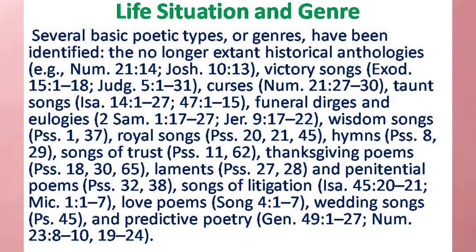Songs of trust: Psalms 32, 38. Songs of litigation: Isaiah chapter 45, Micah 1 verse 1 to 7. Love songs: Song of Songs 4 verse 1 to 7. Wedding songs: Psalm 45. And predictive poetry: Genesis chapter 49 verse 1 to 27, and Numbers chapter 23 verses 8 to 10, 19 to 24, like that.